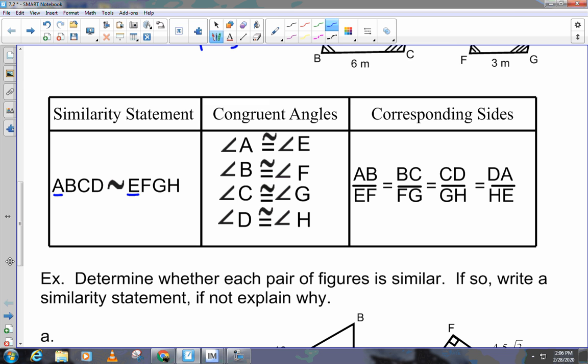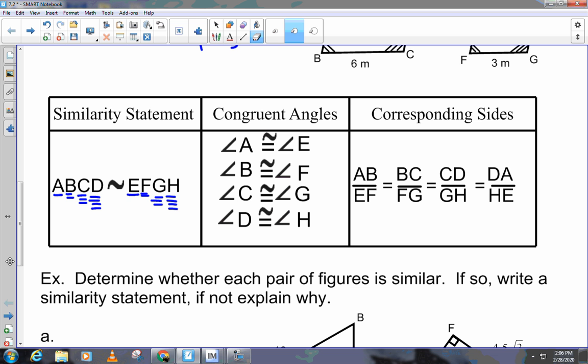My B and my F have the same measure, my C and my G have the same measure, and my D and my H have the same measure. I can get all of that from the similarity statement. So if I knew that angle A was 50 degrees, what do I know about E? It's 50 degrees. That's what your similarity statement says.